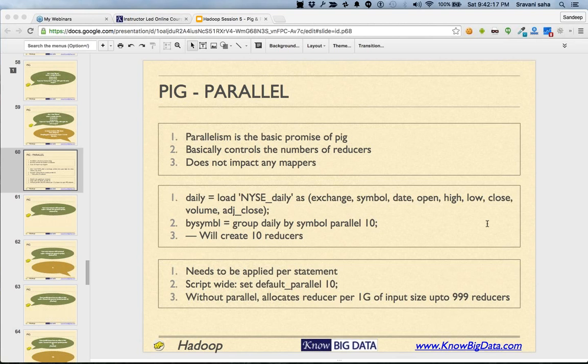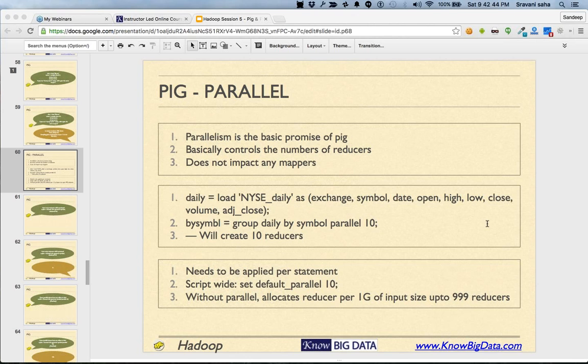Okay, Veena is asking, how do we decide on the number of reducers while writing the script? You have to observe how much data you are generating and how much shuffling is going on in the reducer. Also, you need to know the capability of your cluster, how many machines, and how many total reducer tasks can be run in your cluster. So that is the first thing you need to know.